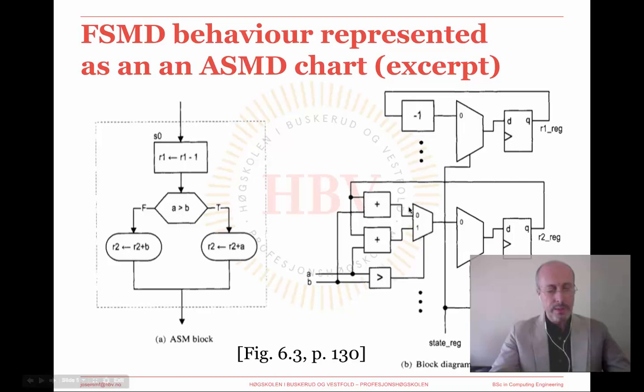Notice also that all these boxes and blocks represent elements that belong to the FSMD data path, not the control path. But the control path will, of course, generate the state register signals to identify which registers are to be updated.